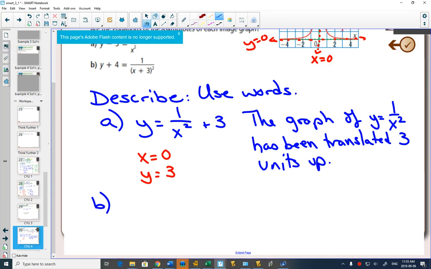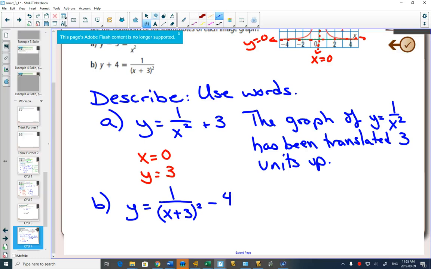And for part B, again, I would take the time to write the equation with the minus 4 on the right-hand side. And I now have 2 translations. I have a plus 3 that's inside the function and a minus 4 outside of the function.